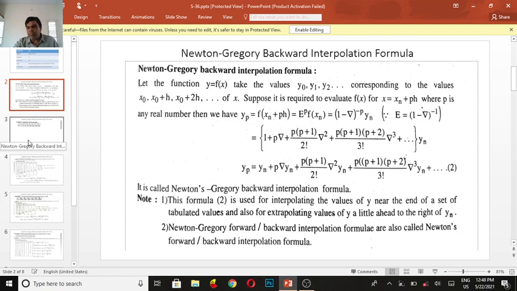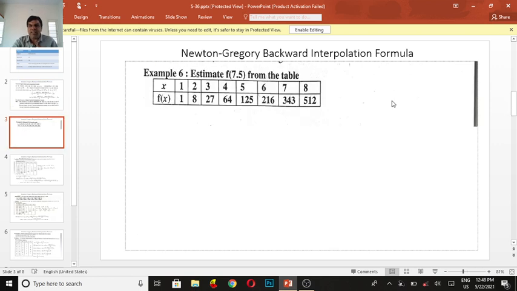Let me take a simple example. Estimate f of 7.5 from the table. The x values given are 1, 2, 3, 4, 5, 6, 7, 8, and the corresponding f of x values are 1, 8, 27, 64, 125, 216, 343, 512.